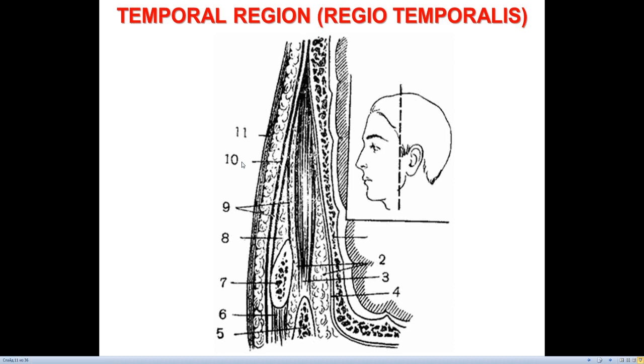Subaponeurotic fat is more highly presented in the infratemporal fossa, inferior to the zygomatic arch and zygomatic bone.